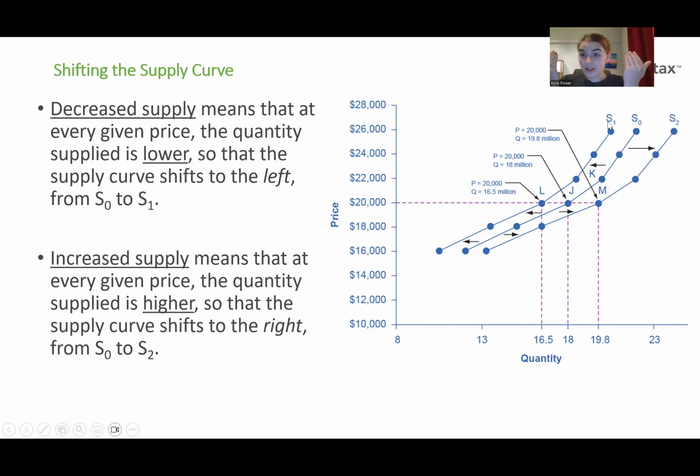If supply goes up, that means that at every given price, the quantity supplied is higher, so the supply curve shifts to the right from S0 to S2. So if we have a decrease, that's represented by S0 to S1. An increase is from S0 to S2.